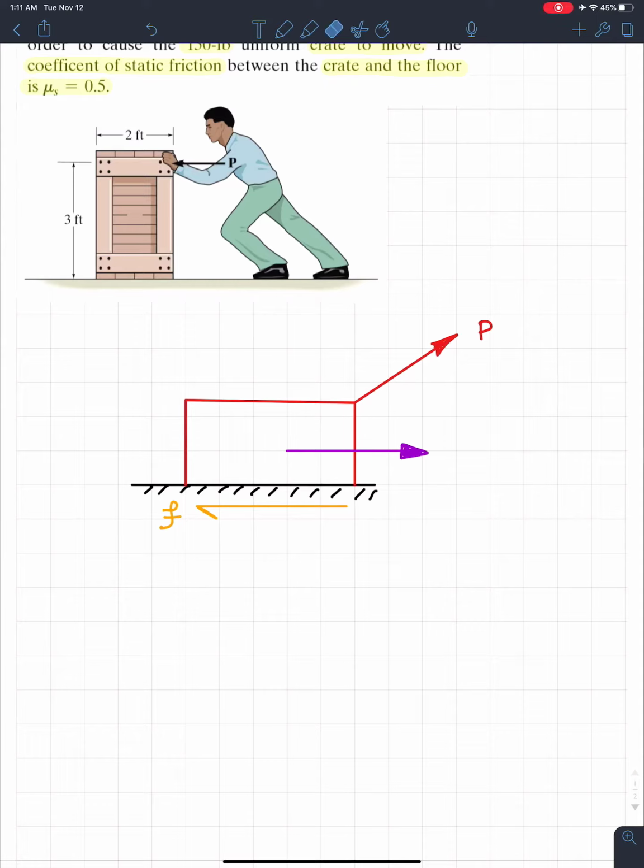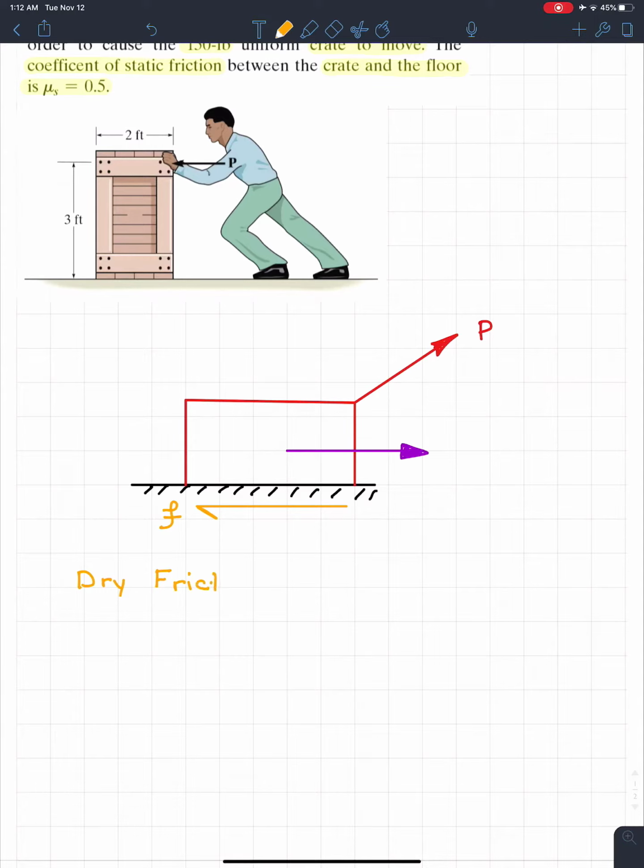So the problem comes is we know that there's going to be a frictional force in the opposite direction. The question then becomes, well, how do we find that frictional force? What is the magnitude of that frictional force? And it's very difficult to solve for, as you guys will see. But in this course, it's very convenient that all of our friction will be dry friction. So I'm going to write that down, dry friction.